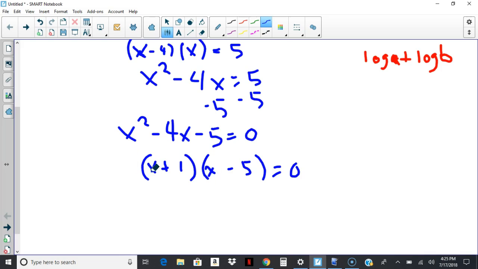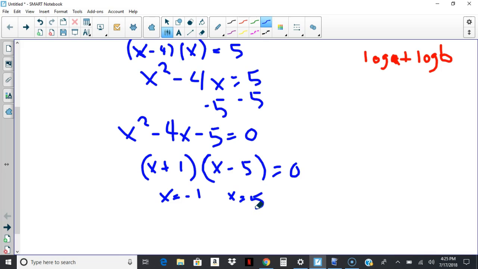And to be sure, you can always multiply those together and check. Okay, excellent. So our options are that x is either negative 1 or x is a positive 5.